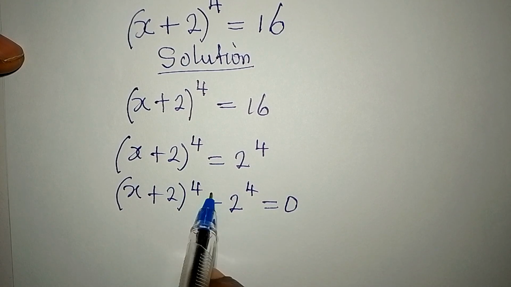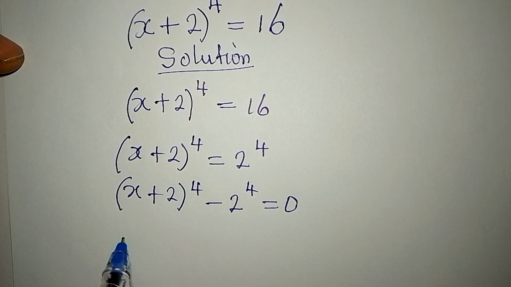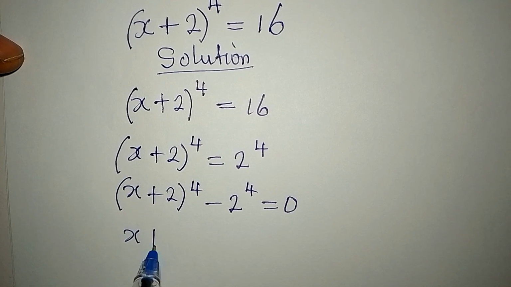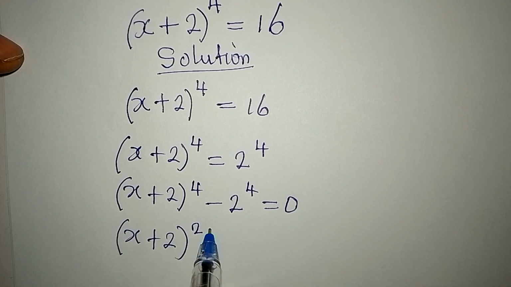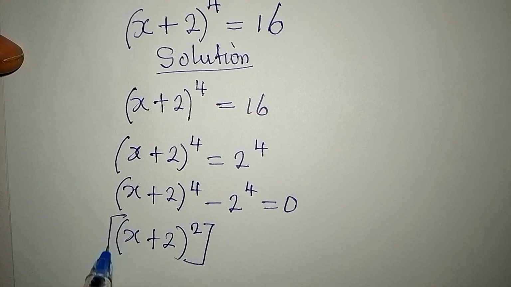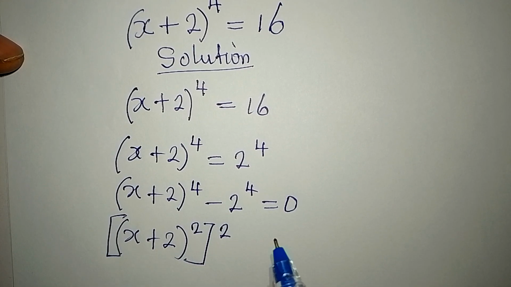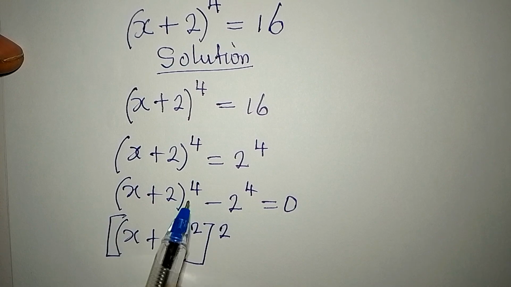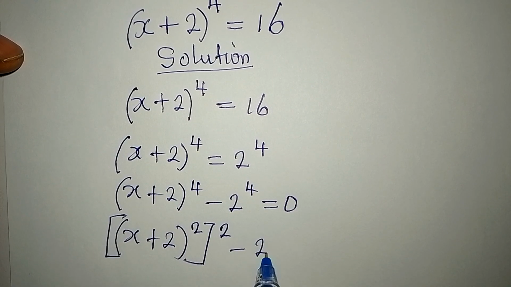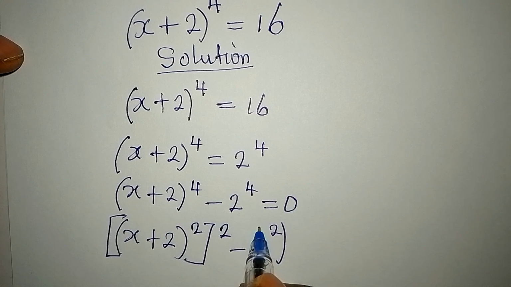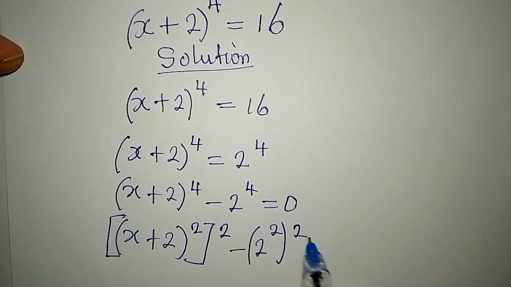Let's express the power here. Let's break the powers into 2. So we have ((x + 2)^2)^2, so that if you multiply the two powers, you have 4, minus (2^2)^2, so that 2 times 2 will still give us 4, and this is equal to 0.